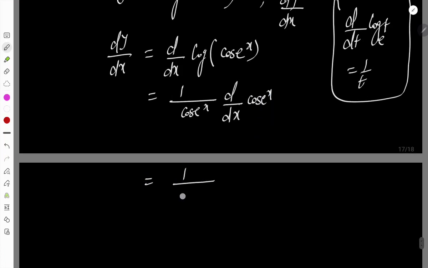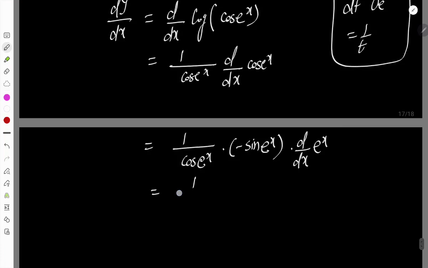It is equal to 1 divided by cos e power x into the derivative of cos e power x. I know the derivative of cos x is minus sin x, but at the place of x there is e power x. So it will be minus sin e power x, and whatever you assume as x, we need to write its derivative again.